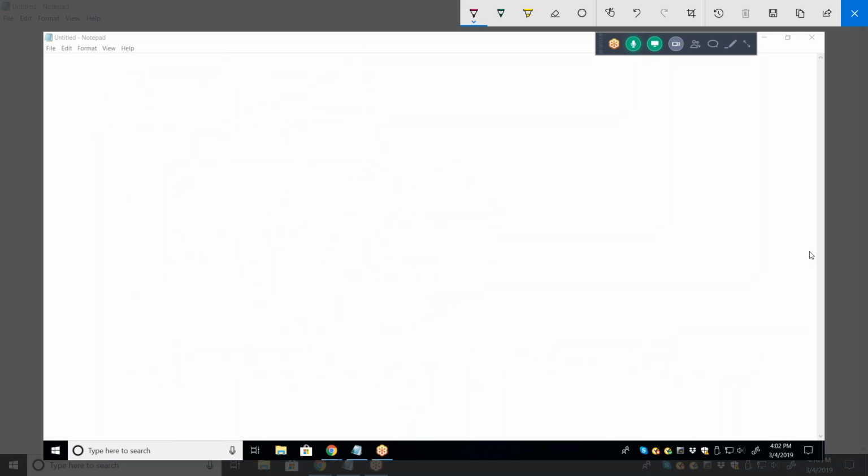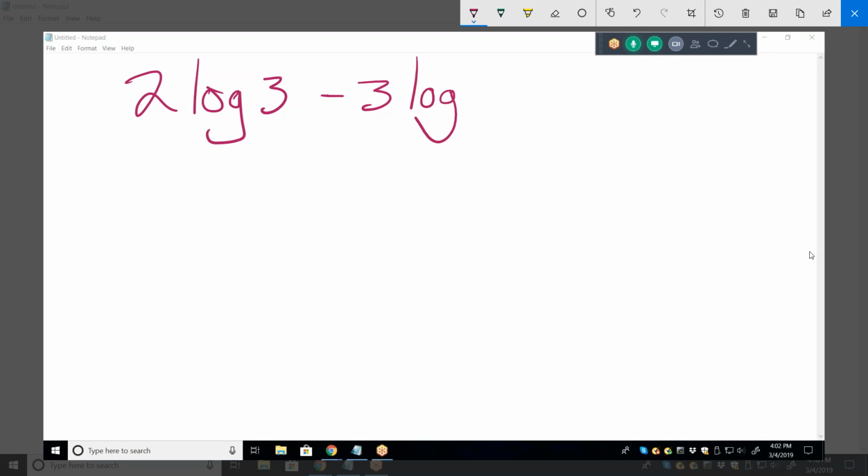Okay. The next one is 2 log of 3. There's no base, so I'm assuming it's 10, the common log. Minus 3 log of x plus log of z plus log of y.